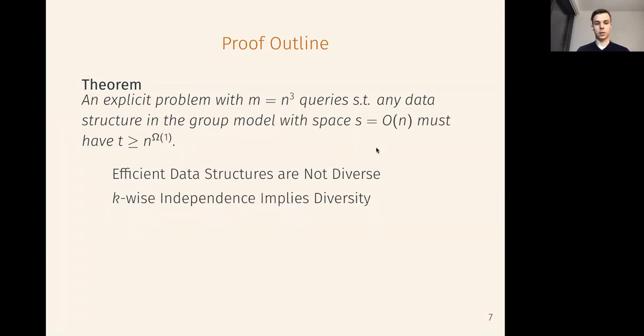Then we show that if for the range counting problem, the incidence matrix has a certain property known as k-wise independence, then when we assign random weights to the input points, the outputs with high probability will be diverse. And so such a range counting problem, if it has such an incidence matrix, cannot be solved by an efficient data structure. Then we show that such k-wise independent matrices do exist.